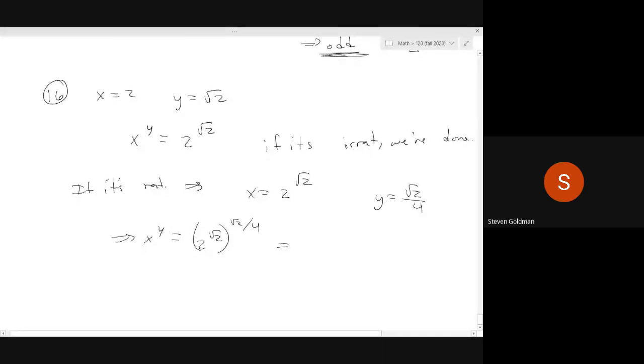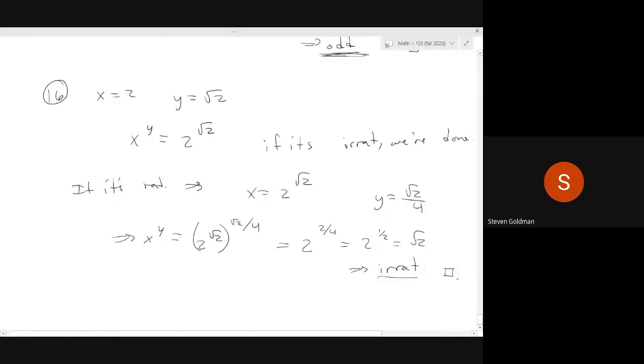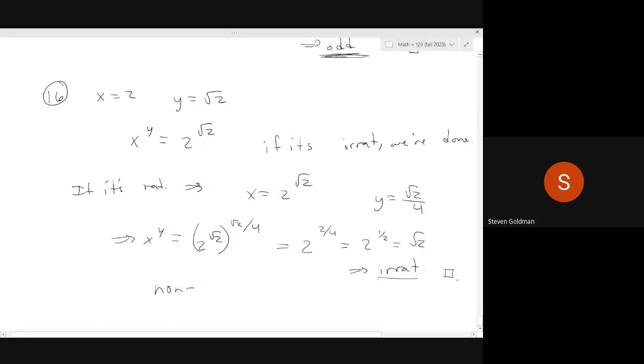Square root of 2 times square root of 2 would be 2, so this would be 2 to the 2 over 4, which is 2 to the half, which is the square root of 2, which is irrational. So I would have a rational number raised to an irrational number that is irrational. Okay, so this is a non-constructive proof, and that's how it would look.